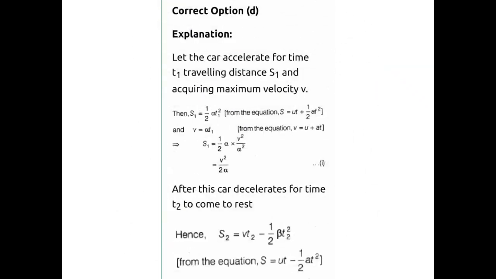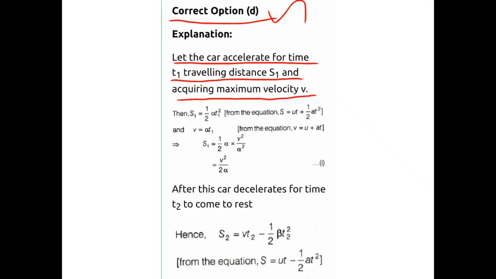The correct option for question number 24 is option D. Here let the car accelerate for time t1, traveling distance s1 and acquiring the maximum velocity v. Then s1 is equal to half alpha t1 square, from the equation s equal to ut plus half at square. Using v equal to u plus at, we get v is equal to alpha t1.